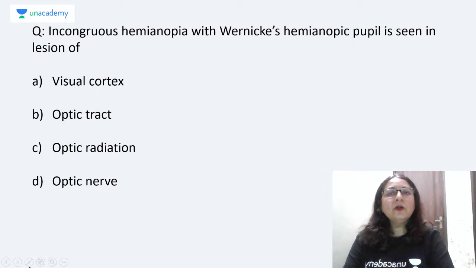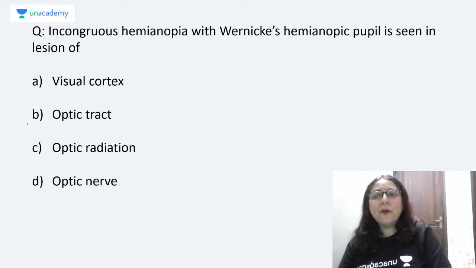Now, incongruous hemianopia with Wernicke's hemianopic pupil is seen in a lesion of the visual cortex, optic tract, optic radiation, or optic nerve? Just remember what we learned. Wernicke's hemianopic pupil is seen in lesions of the optic tract.